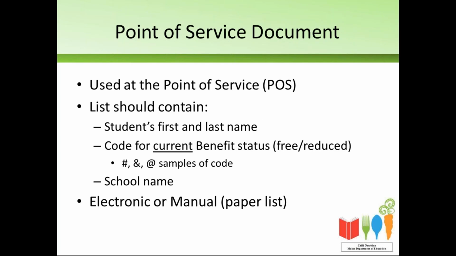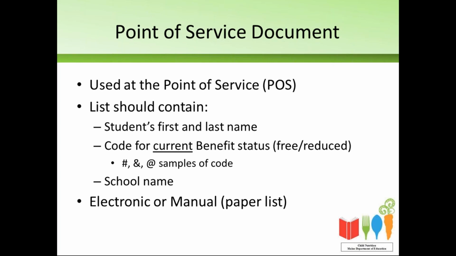Point of service. If you're using a master list as point of service, it does not have to be as extensive as the previous list. It can list the student's first and last name and a code for the current benefits. For instance, a pound sign, an and mark, and the @ symbol can be the code 123 XYZ ABC.